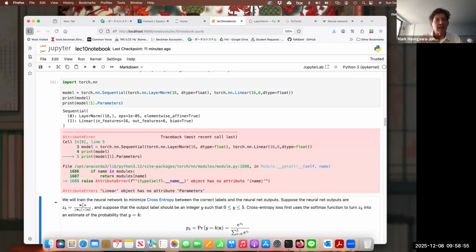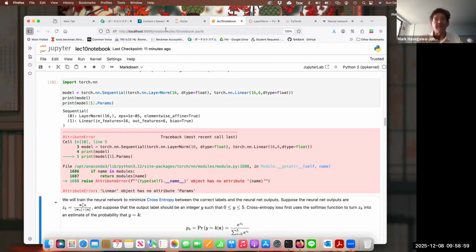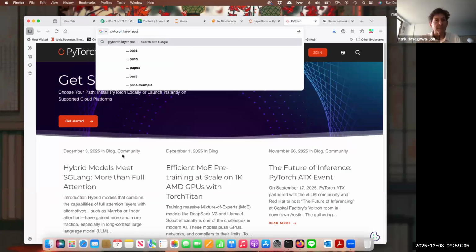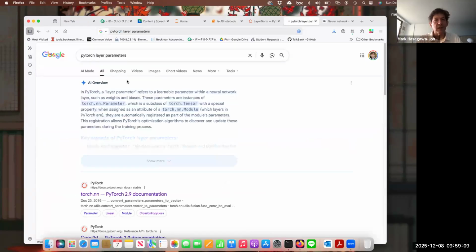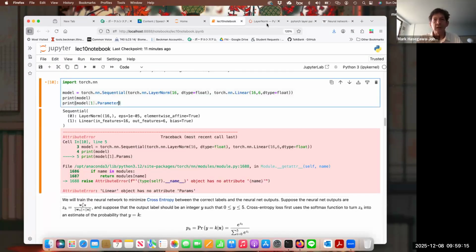There's some way to find the actual input matrix. Oh, parameter. Let's try that. No.